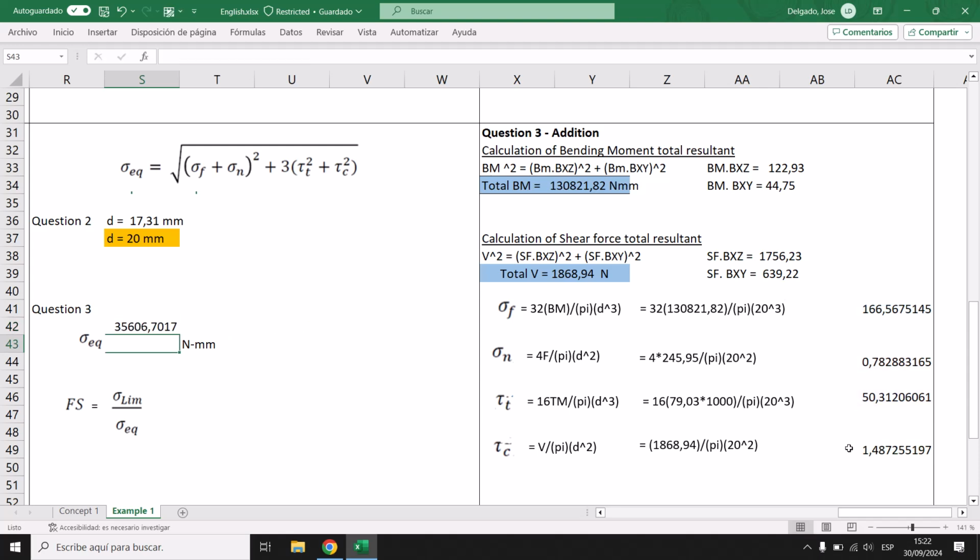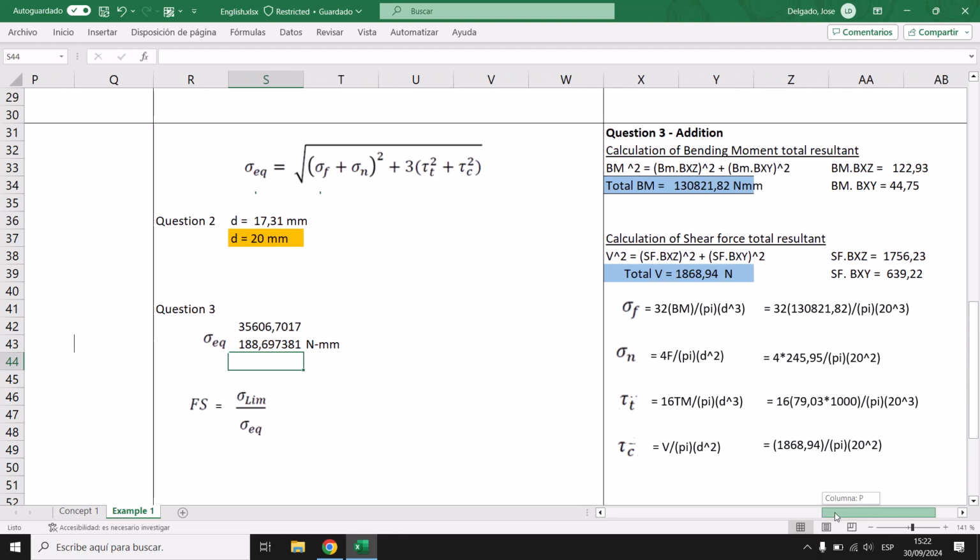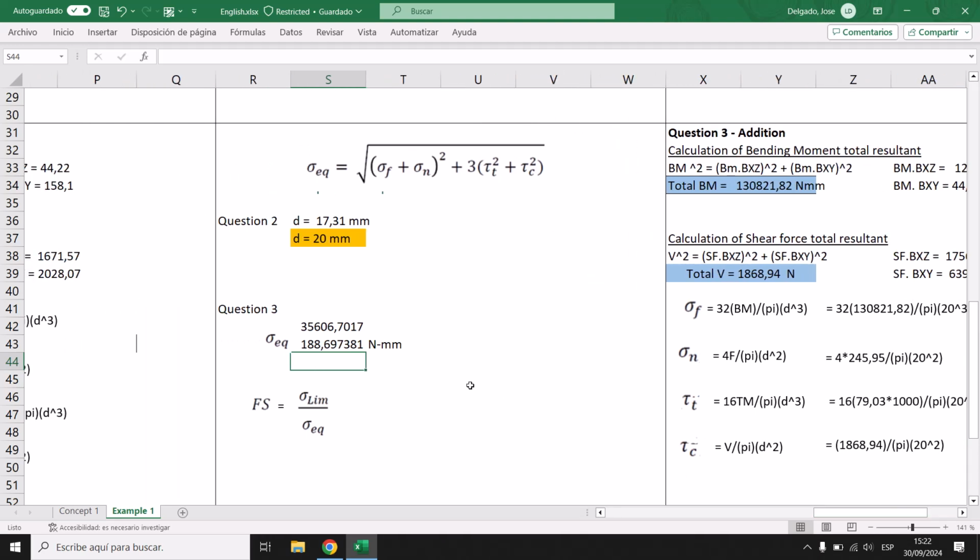It's going to be this value, and you just take the square root of all of this. This is going to be our new equivalent stress in section 3, sorry, for the B variant.